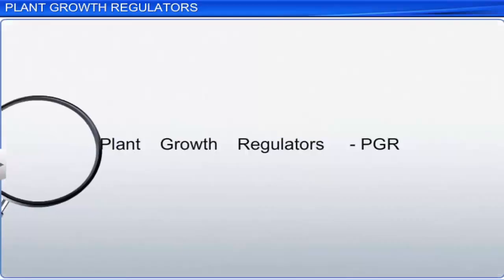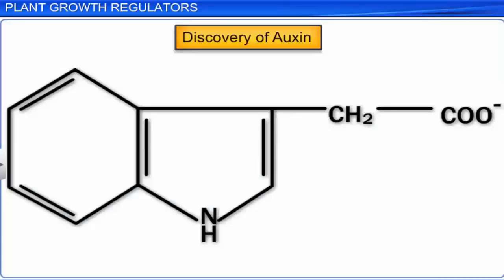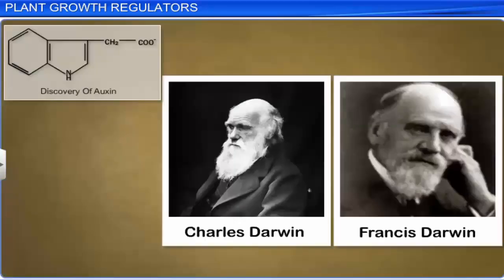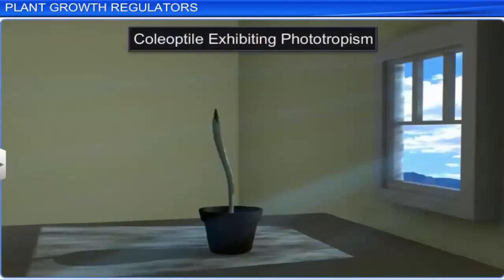The discovery of PGRs was accidental. The discovery of auxin was initiated when Charles Darwin and his son Francis Darwin observed the coleoptile of canary grass exhibiting phototropism towards blue light.